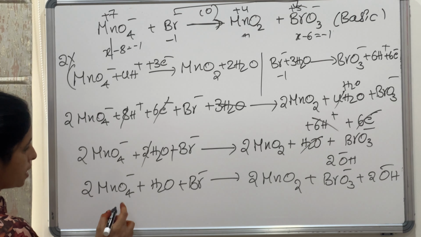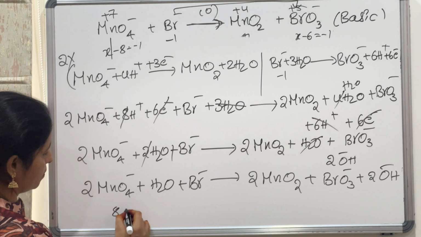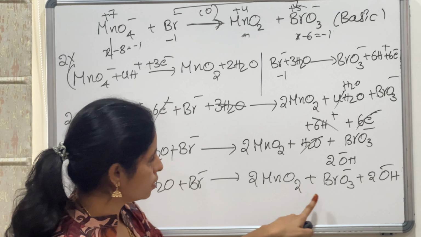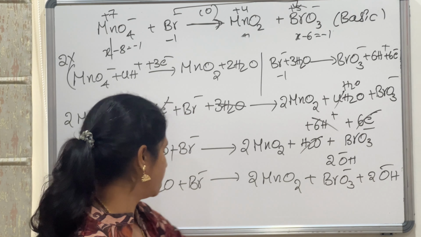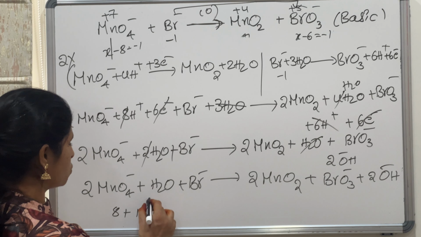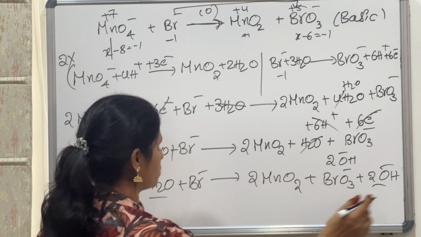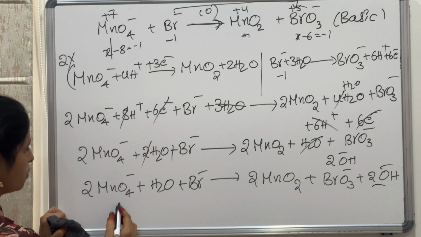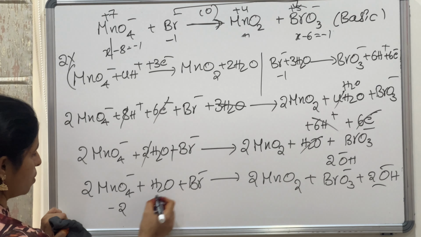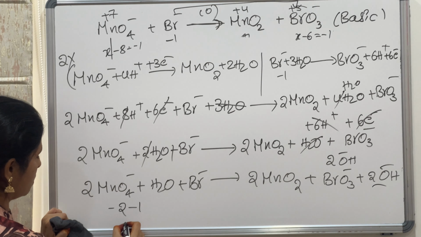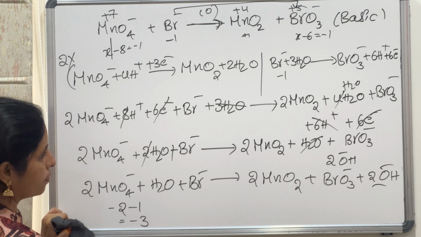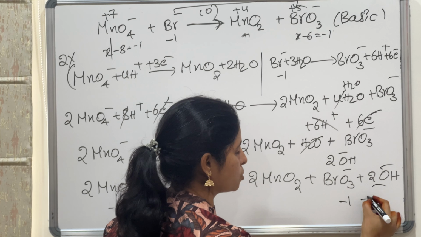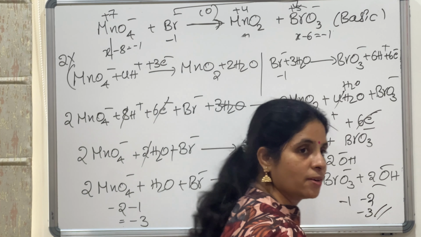Oxygens: 2 4s are 8 plus 1, 9. 2 2s are 4 plus 3 is 7, plus 2, 9. Hydrogens: 2 hydrogens, 2 hydrogens. Okay, balanced. Now check for the charge. It is 2 into minus 1, minus 2, minus 1, it is minus 3. Here it is minus 1, minus 2, minus 3. Balanced. Okay?